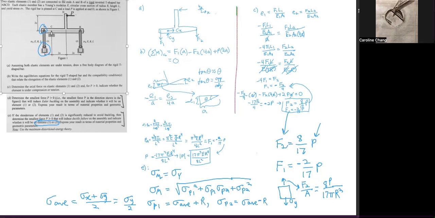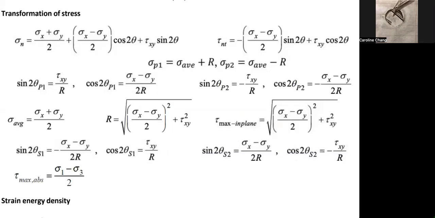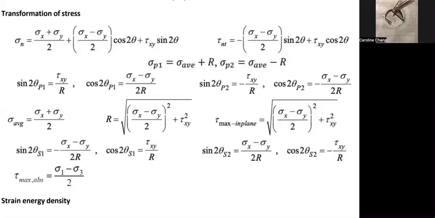So how to do that? In our transformation of stress for Mohr's circle, our R value, which is the radius of the Mohr circle, is given by this formula over here. This is the formula we'll use in order to calculate our R value and thus our principal stress 1 and principal stress 2.